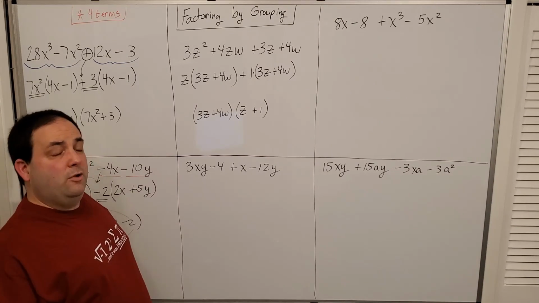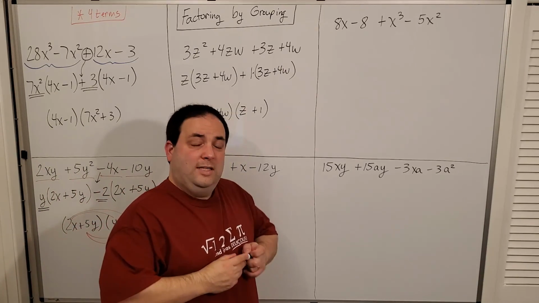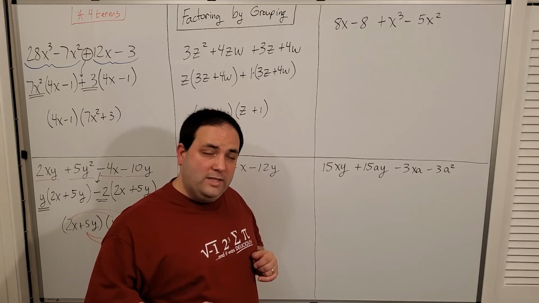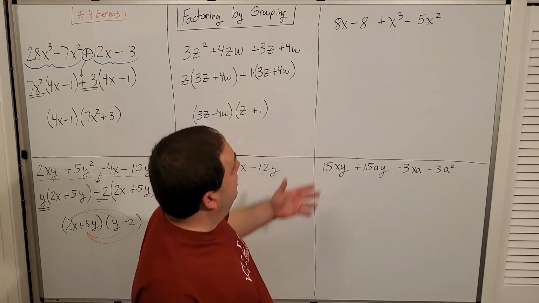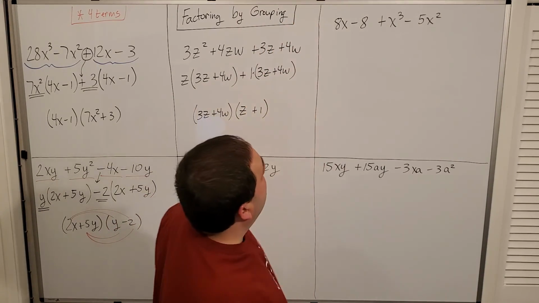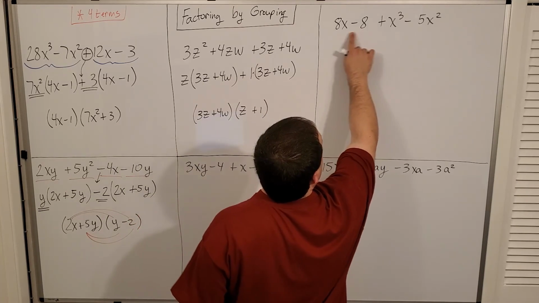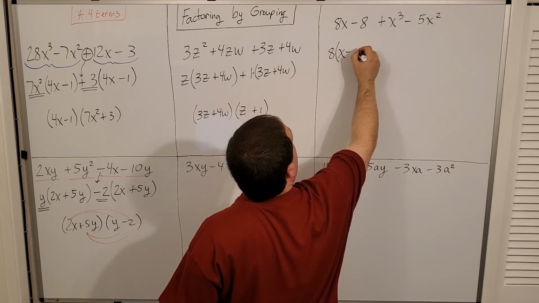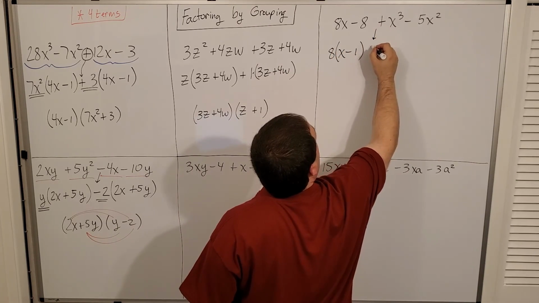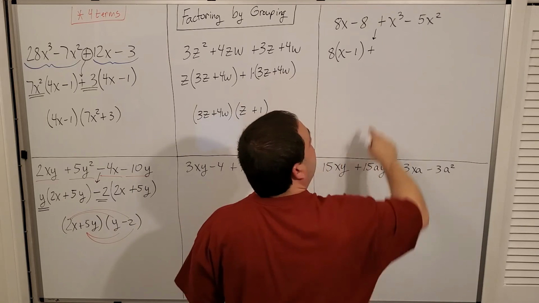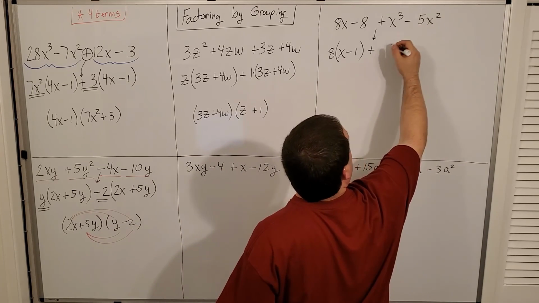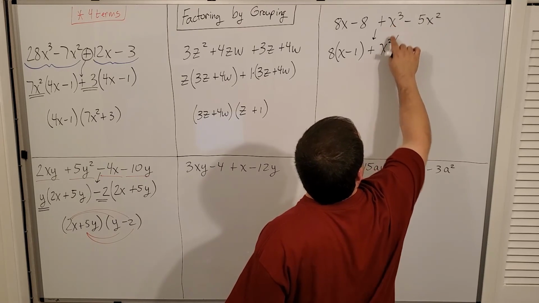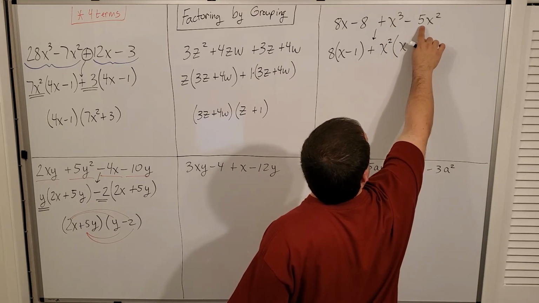Now, factoring by grouping doesn't have to work. Some things just may not be factorable. Factoring doesn't have to always be present. For example, let's look at this one. I notice these two have an 8 in common, so I pull that out. Match the middle sign, plus. I notice these two guys have x's in common, and I take the lower power squared. 3 minus 2 leaves me with an x.